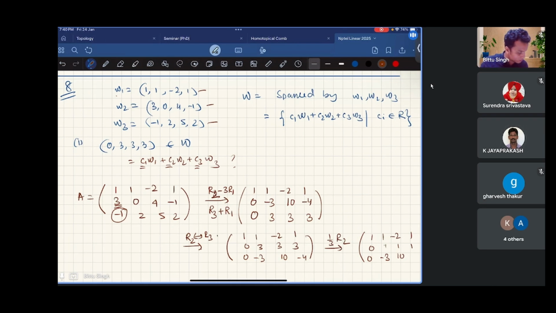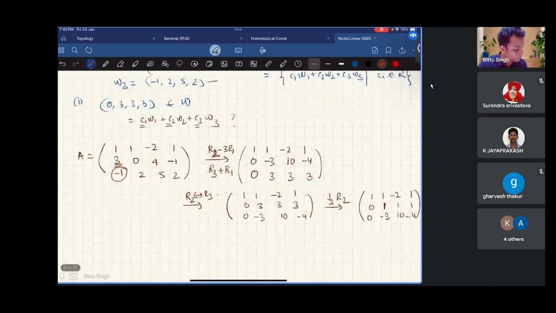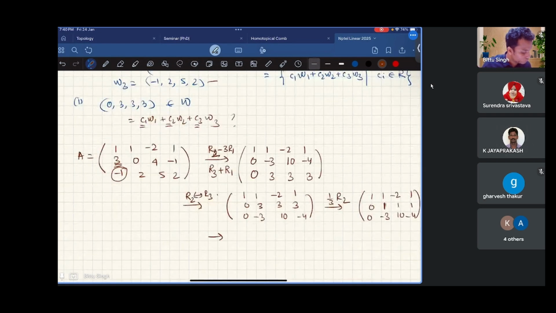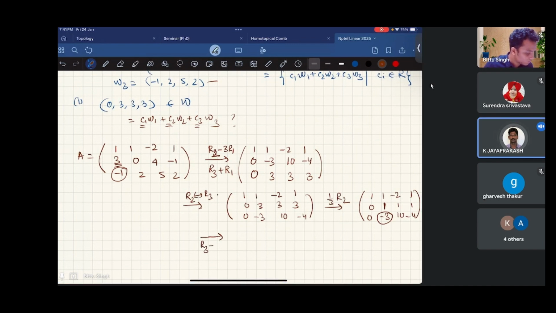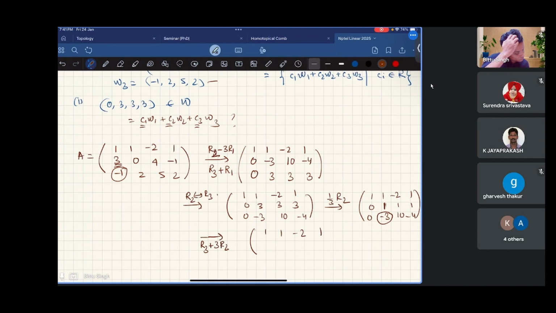Yes, you can subtract, you can divide, but I'm not dividing. So now make it vanish: R3 plus 3 times row 2, so that it will become, giving a row echelon form of this, 0, 1, 1, 1, and then 0, 0, because 3 minus 3 plus 3 is 0.